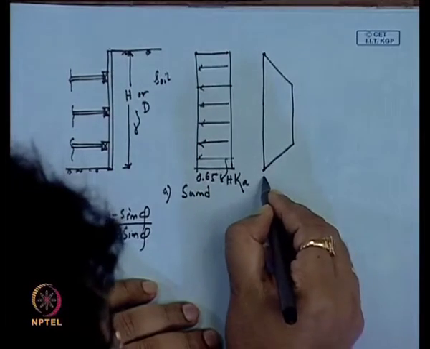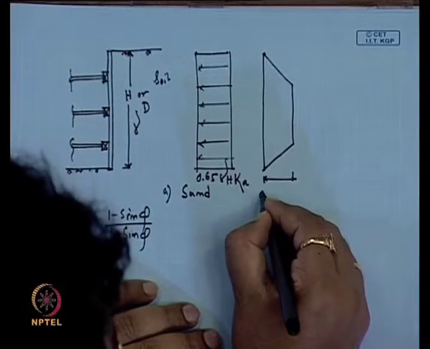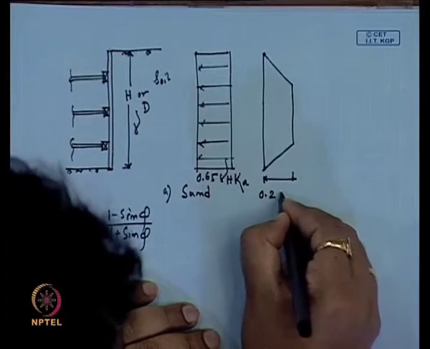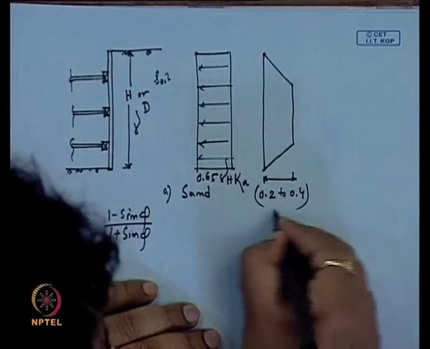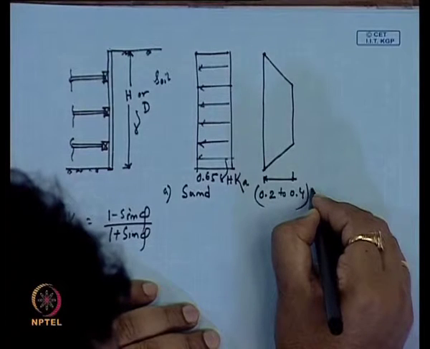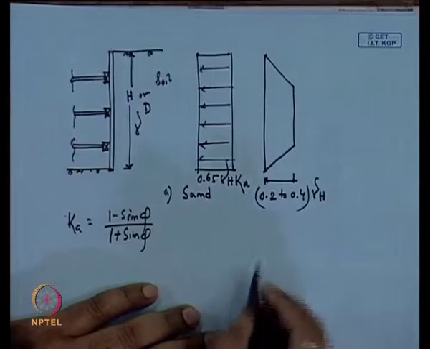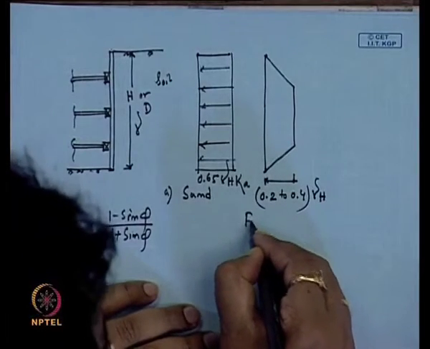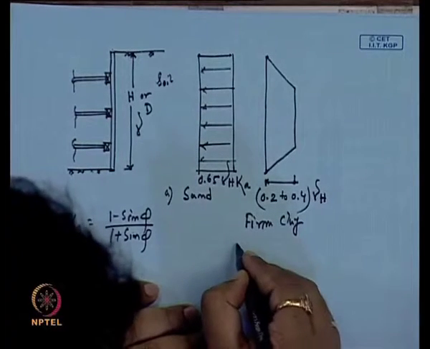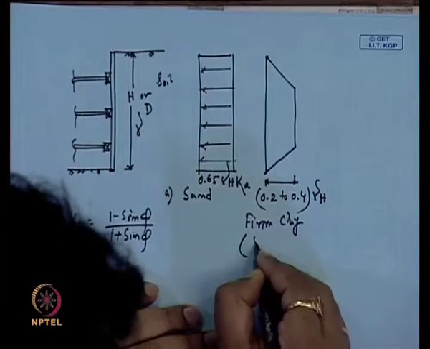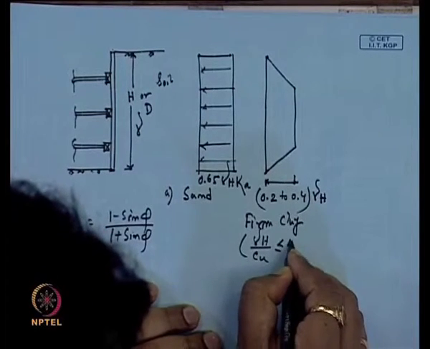This value is 0.2 to 0.4 into gamma H. This is for firm clay or stiff clay, where gamma H over Cu is less than or equal to 4.